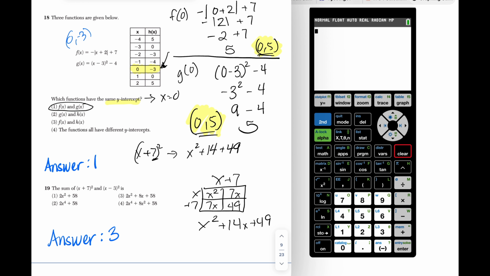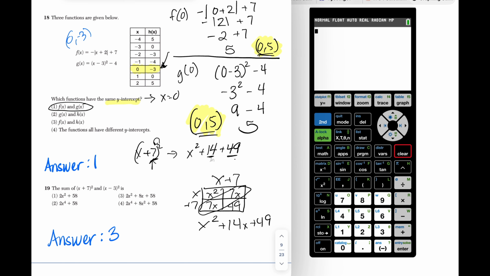Most people can see the 49 pretty quickly because it's just 7 squared. And some of you probably said, oh, if I also did 7 times 2, I would get my middle. So that's also true. That's why some people just get the form really fast. They're just squaring the last part and then multiplying that number by the exponent.